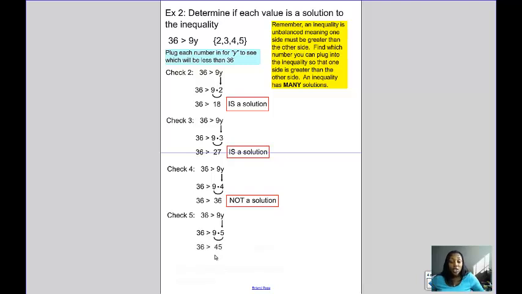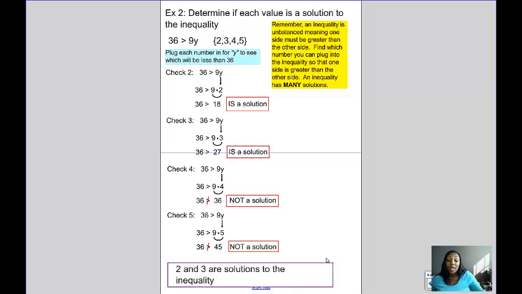And is 36 greater than 45? Well, it is not greater than 45. And so that is not a solution. So both 4 and 5 are not solutions, but 2 and 3 are solutions to this inequality. And 2 and 3 are just 2 of the solutions. There are many, many more solutions that would fit for this inequality.